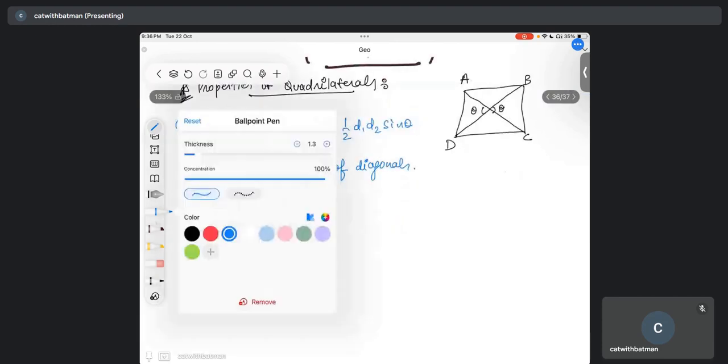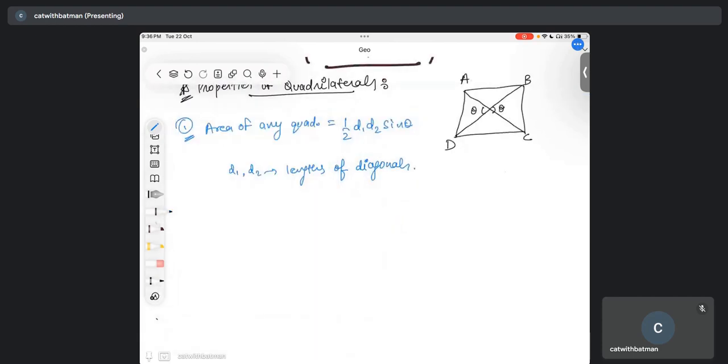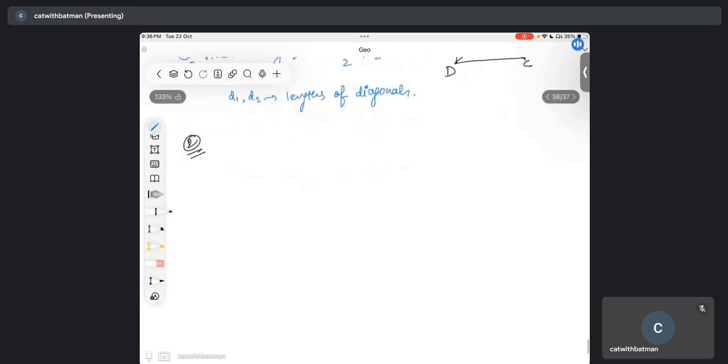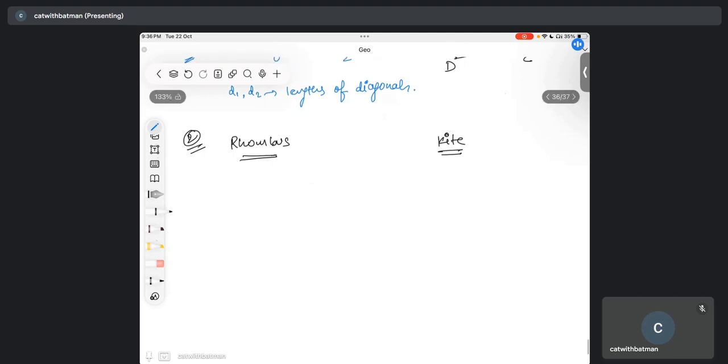Now coming to the second point, in which we are going to discuss rhombus and kite. In a rhombus, it is a figure like this, a square kind of a thing.